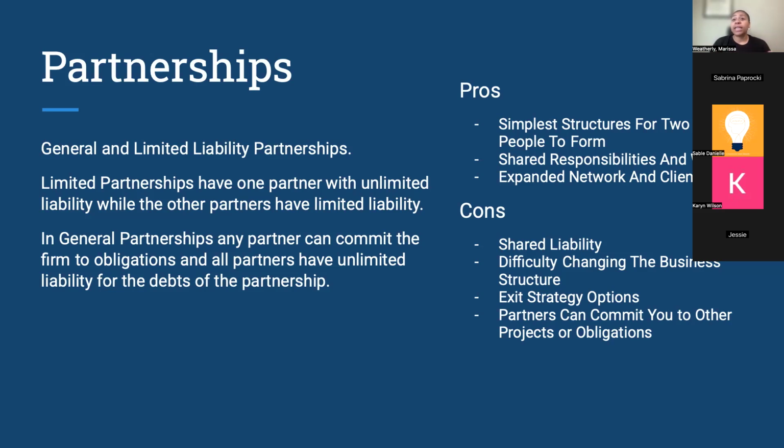And so with that, it's nice. There's shared responsibilities. We're going to share the workload. We can help each other expand our network and our clients. But that could also be a con. We have shared liability. So what if Paul decides, I'm going to tell this company that you're going to give 100 cupcakes and you're going to discount the price, but then he doesn't tell me that.